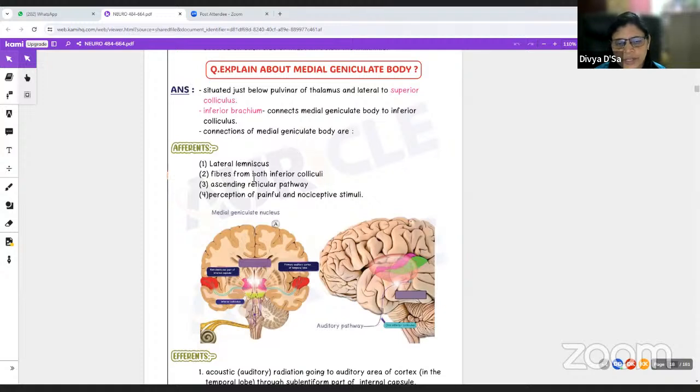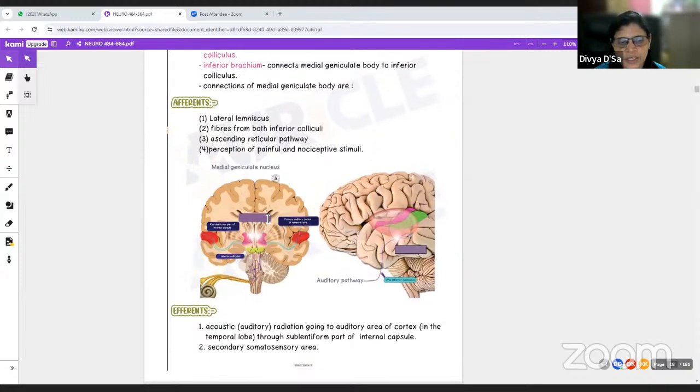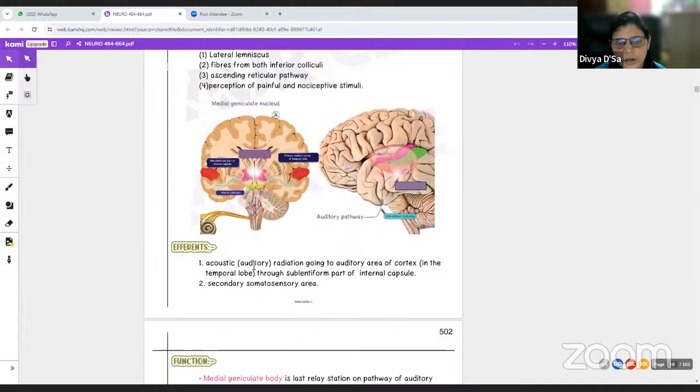So what are the connections of the medial geniculate body? We have the lateral lemniscus, then fibers from both inferior colliculi, the ascending reticular pathway, and perception of painful and nociceptive stimuli. All these come to this. Efferents are the acoustic, auditory radiation going to the auditory area of the cortex, that is, the temporal lobe.